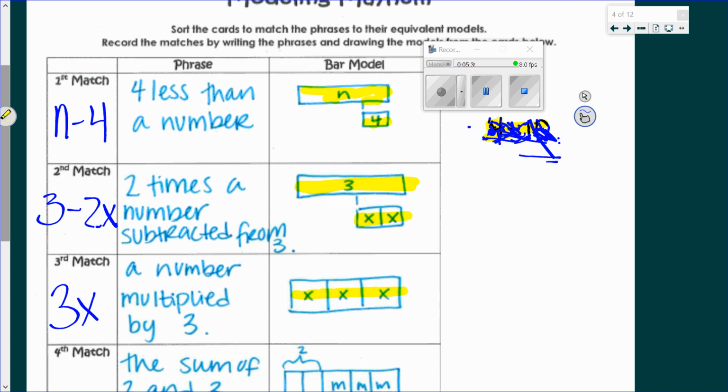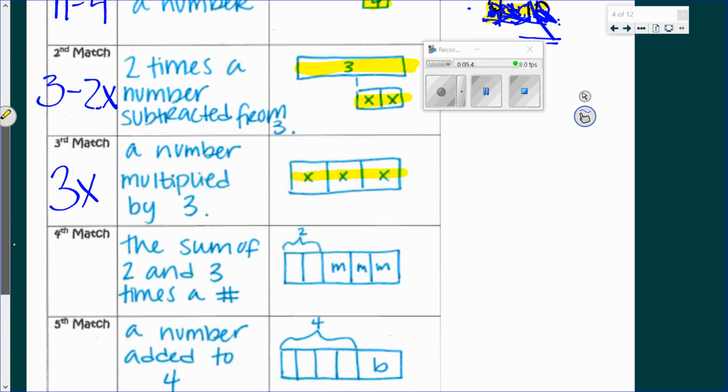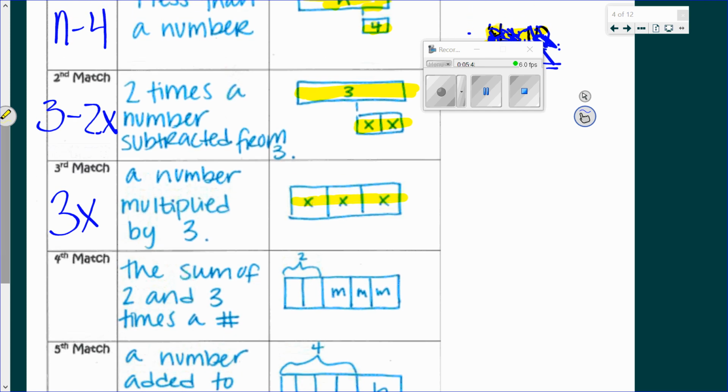All right, so fourth match. The sum of 2 and 3 times a number. So in this expression, my whole is made up of a combination of 2 and 3 times some number m.